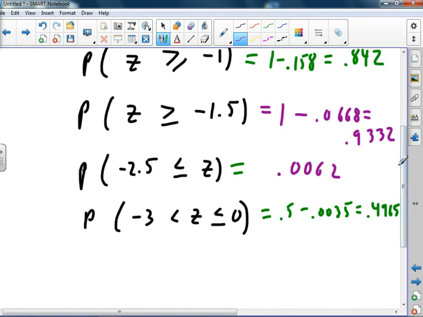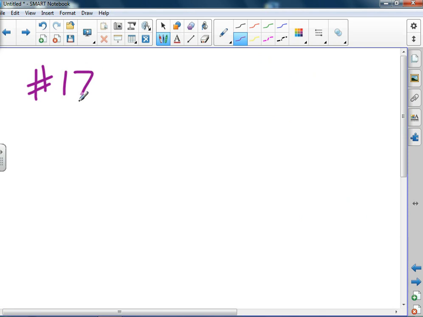All right, so we covered all that probability. Number 17. For borrowers with good credit, installment accounts, standard deviation.